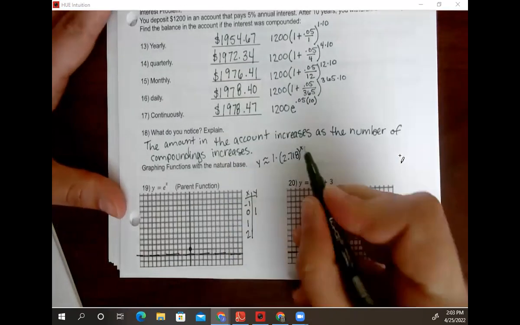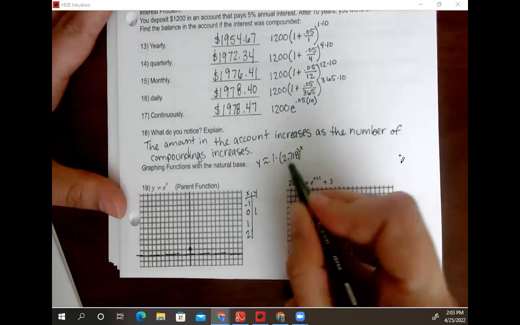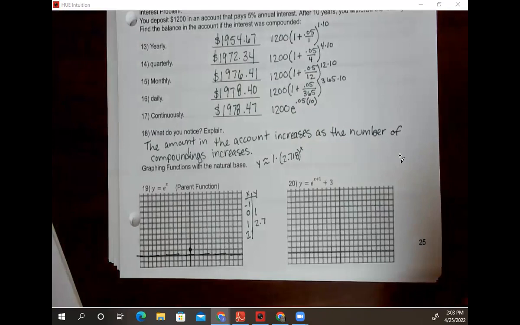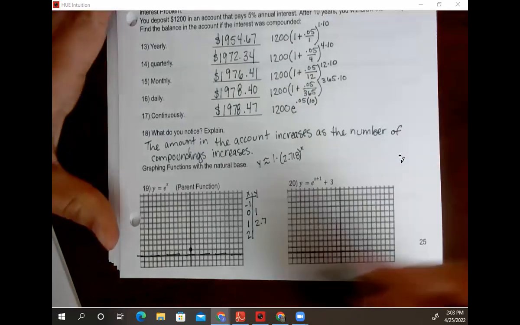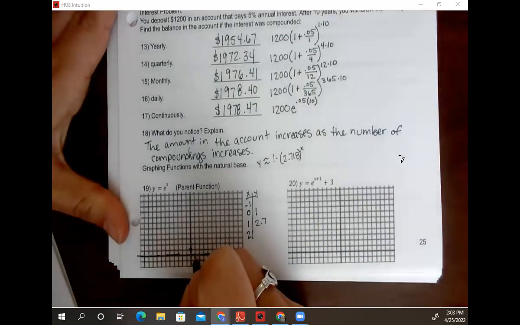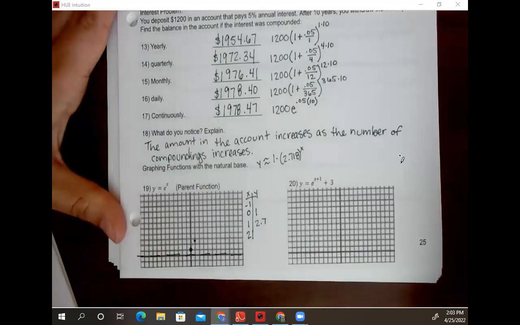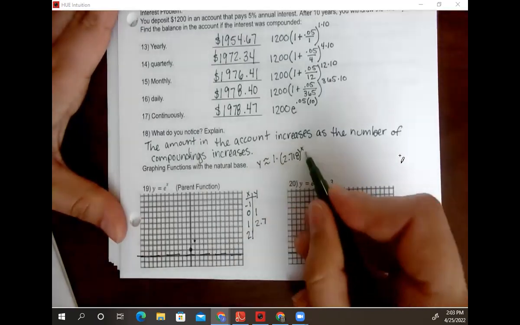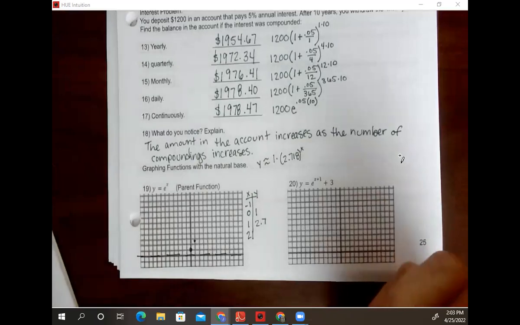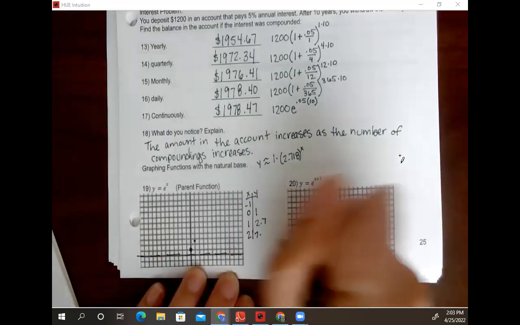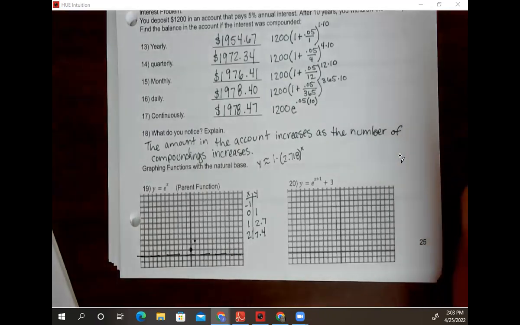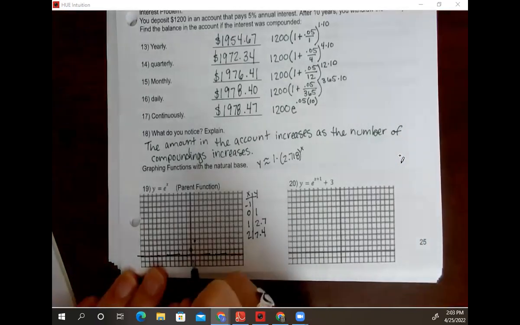So if I plug in +1 to my exponent here, I would just get about 2.7. It'd be really difficult for me to graph anything more precise than that, so I'm just going to leave it at 2.7. So 2.7 would be right about there. If I plug in 2, I'm going to square this 2.718 and multiply by 1. That gives me 7.4, about, technically 7.389, but we'll do 7.4.